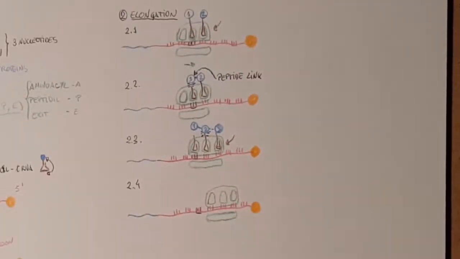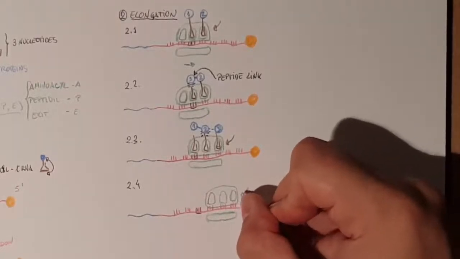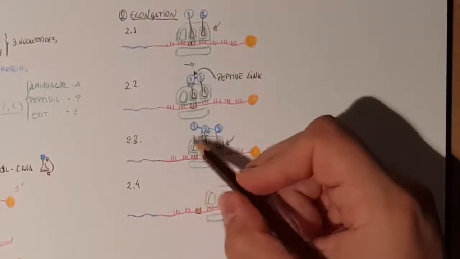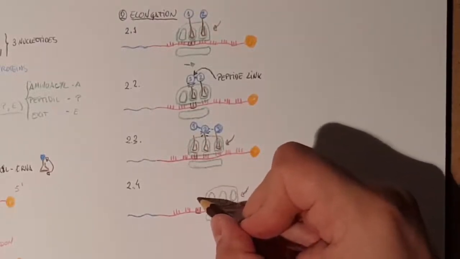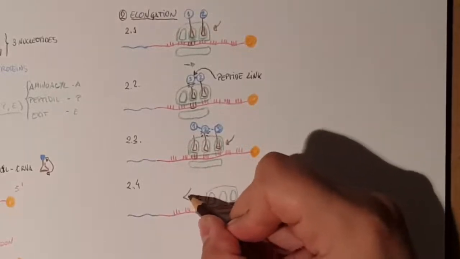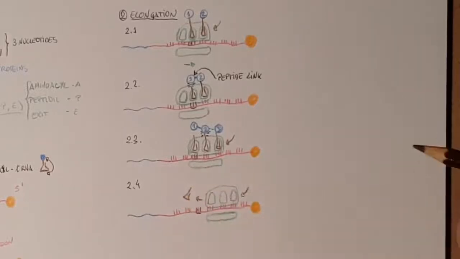Unit. Then what happens? Again, one amino acid tRNA is going to come here, and the first one is going to come out from the exit site. That's why it's called exit. The tRNA is going to be reused for something else.